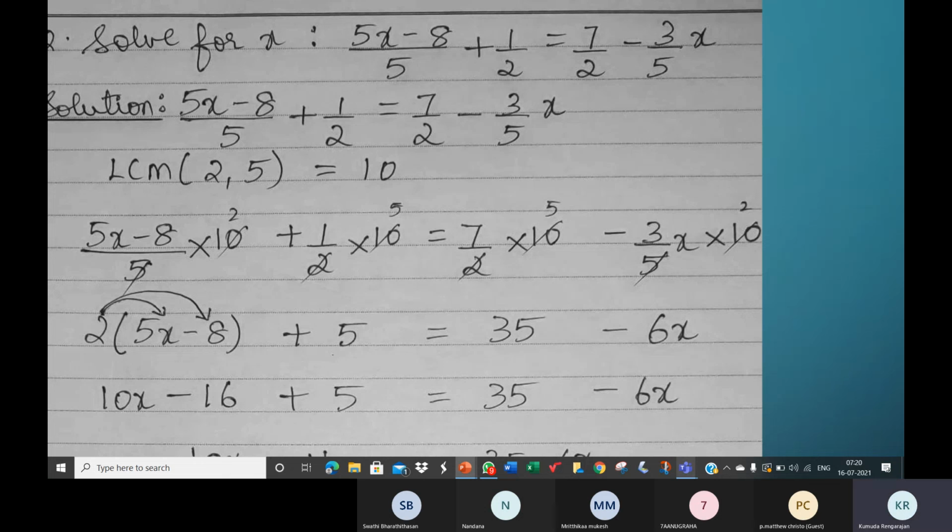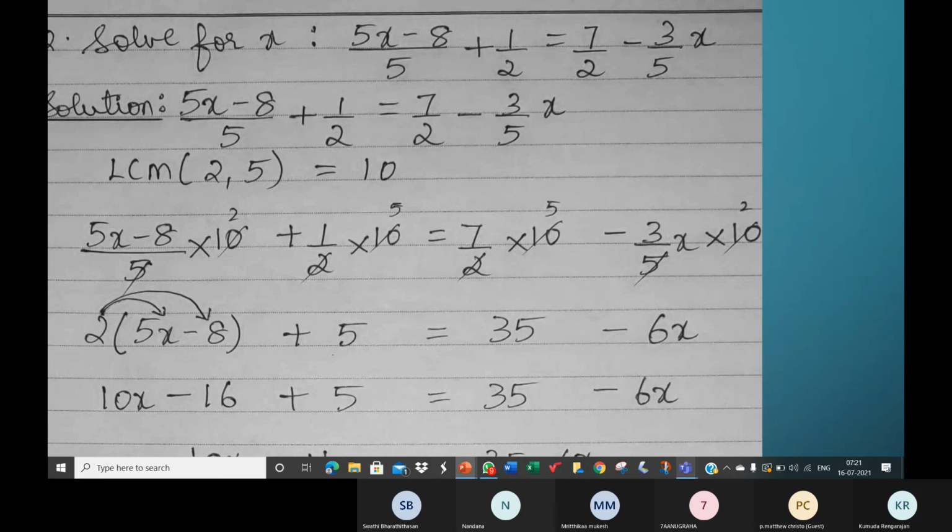No, I really cannot comprehend what you're saying. Try again, please. Which two terms are you trying to simplify? Ma'am, I'm trying the 10x minus 16 plus 5. All at a time?